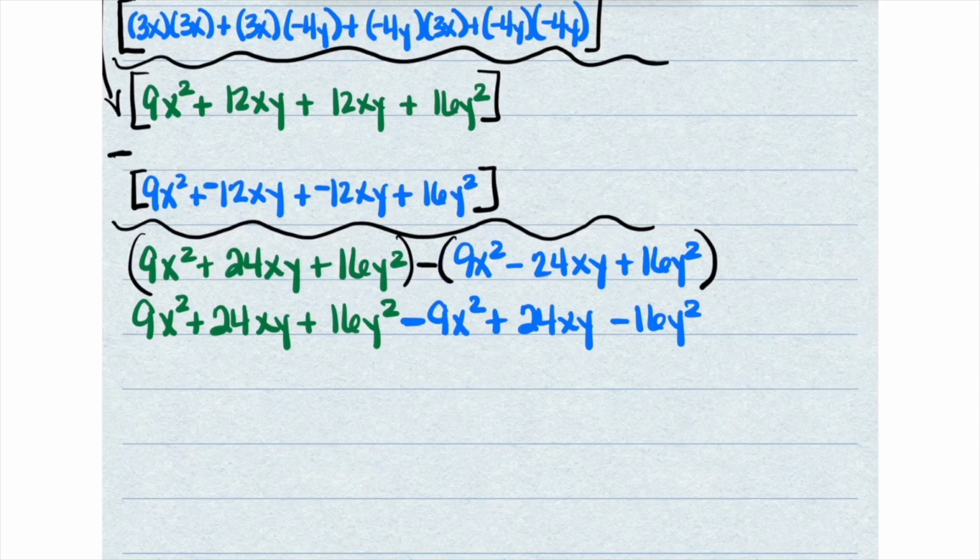Now we can combine like terms. 9x squared plus a negative 9x squared, because I can say plus a minus. 9x squared plus a negative 9x squared, that's 0, right?